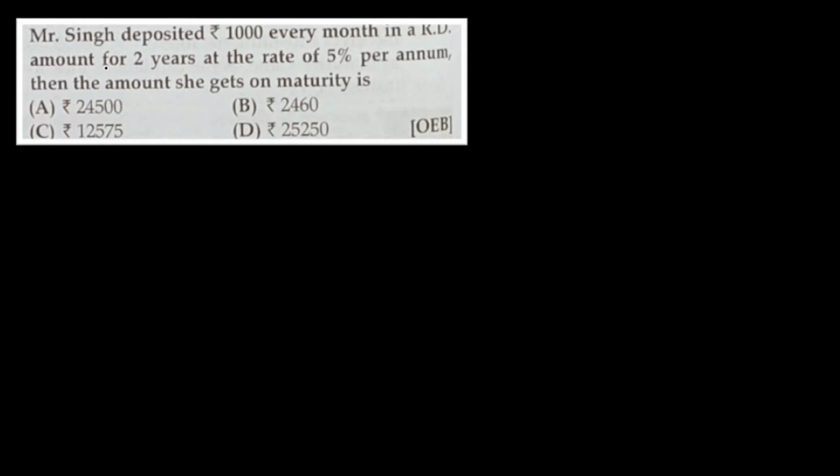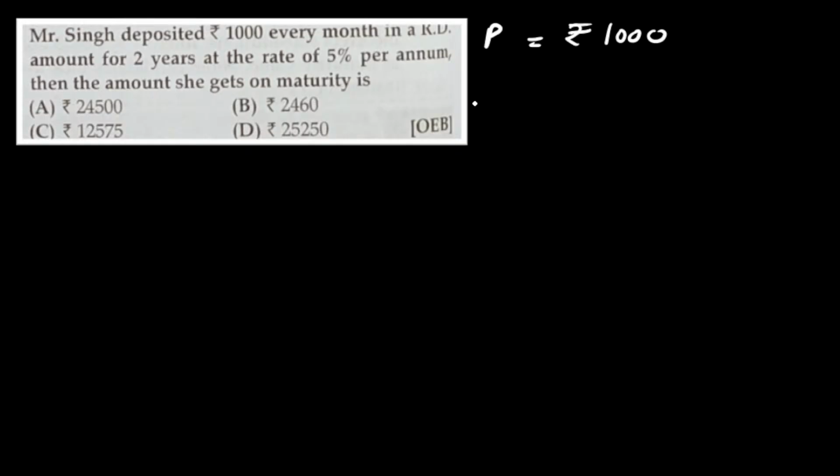In the next question, it's given to us, Mr. Singh deposited rupees 1000 every month. So that means P is given to us. P's value is 1000 in an RD account for 2 years.